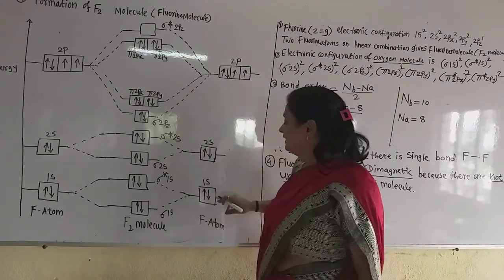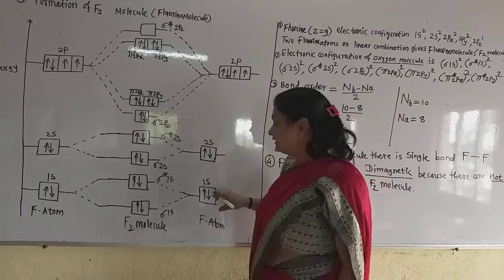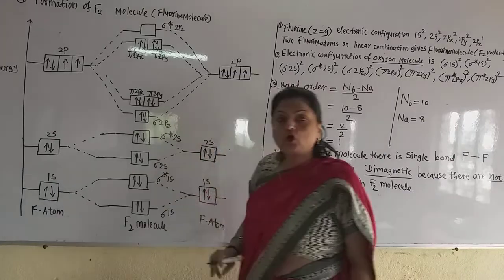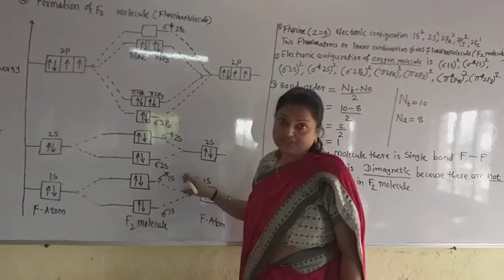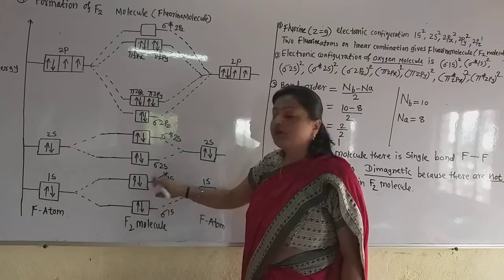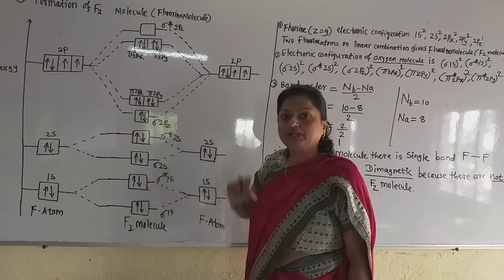Both contain 2 electrons in the 1s orbital, and when combined they form the 2 molecular orbitals sigma 1s and sigma star 1s. Totally 4 electrons are filled into the molecular orbitals with opposite spin, each containing 2 electrons.